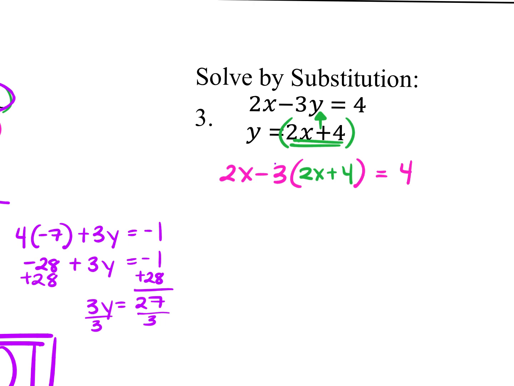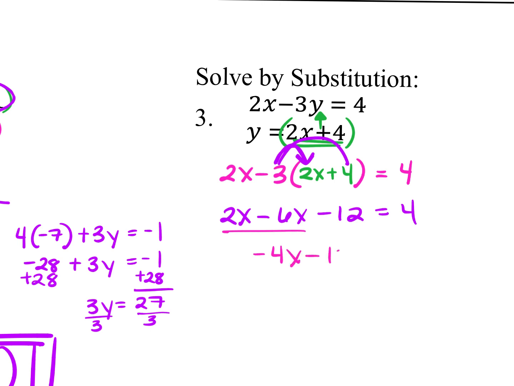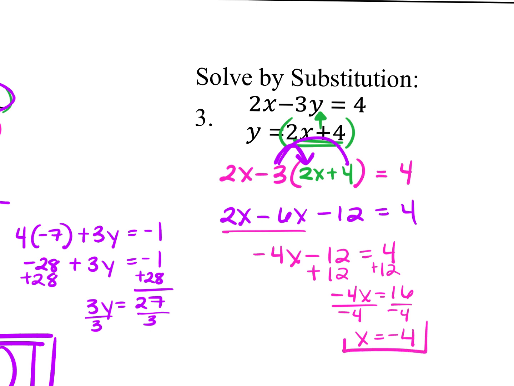Okay, be really careful with that. 2x minus 6x minus 12 equals 4. Okay, and then simplify that. So 2x minus 6x is a -4x. And then you can add 12. So -4x equals 16. And divide by -4. So x is a -4.